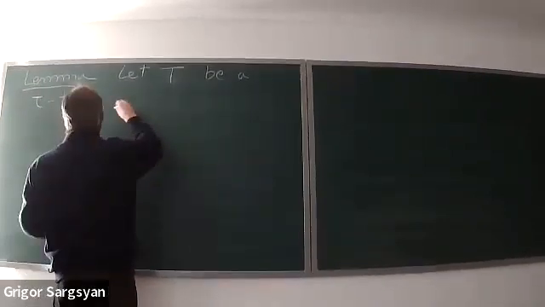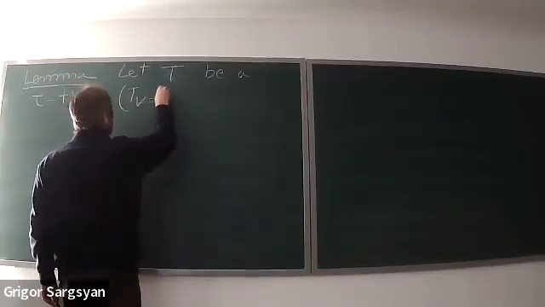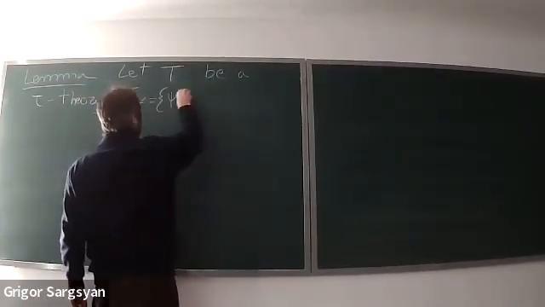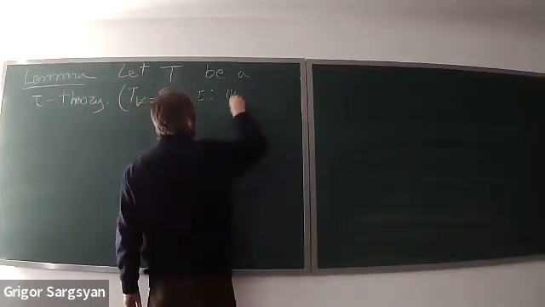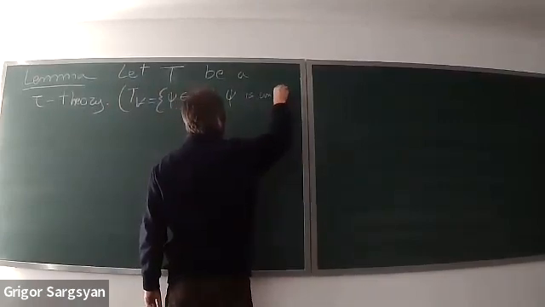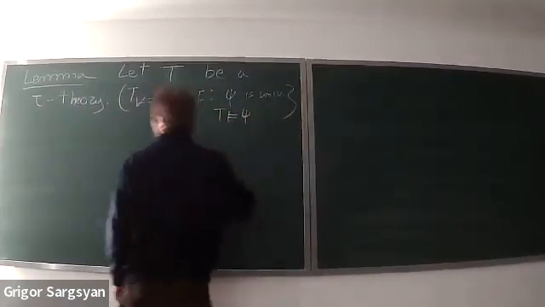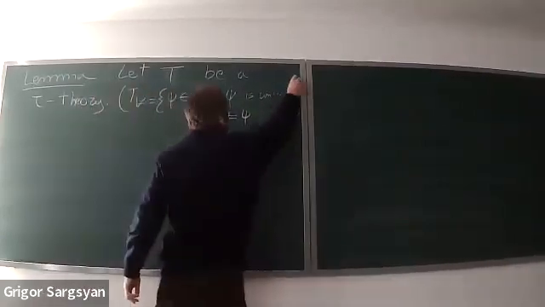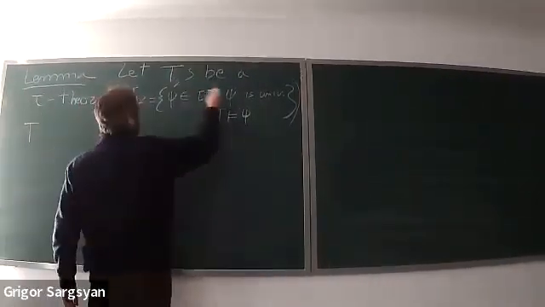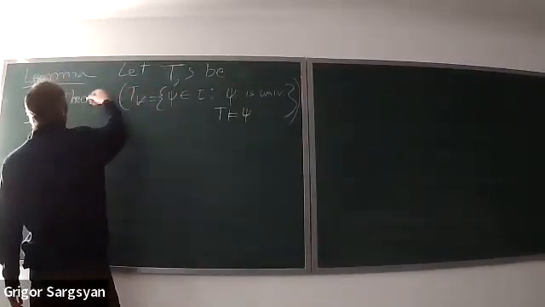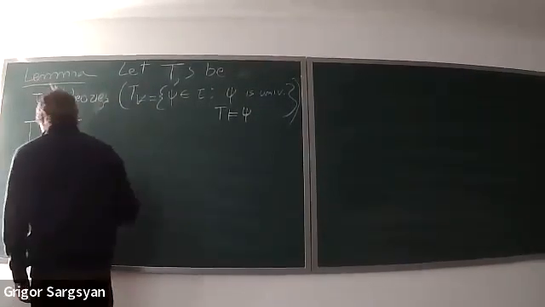Let T and S be tau theories, and let T-for-all be the set of sentences psi belonging to tau such that psi is universal and T models psi. And the following are equivalent.